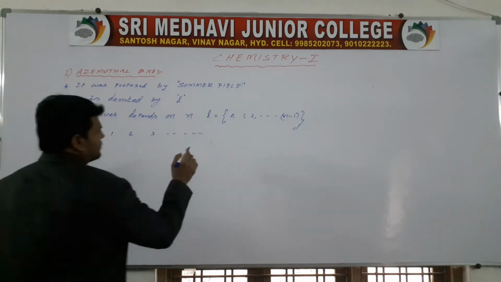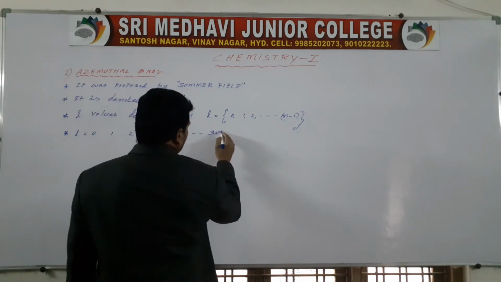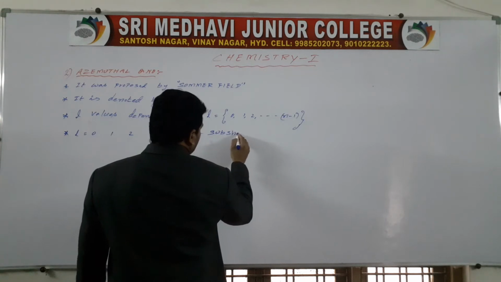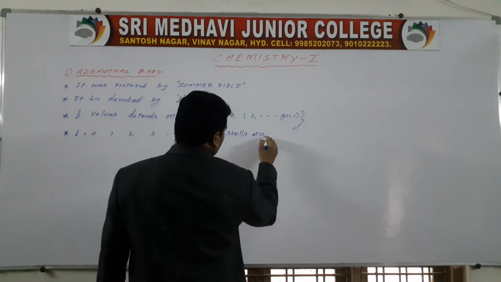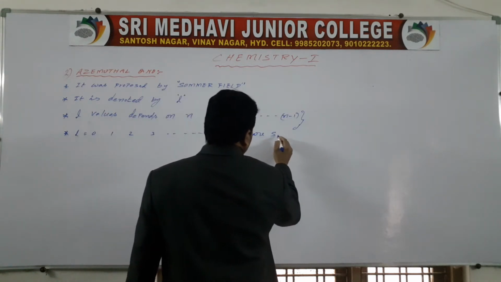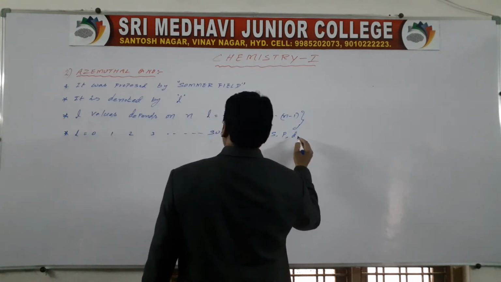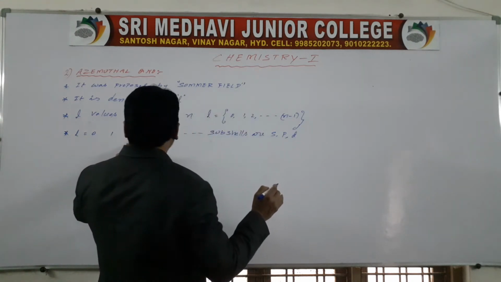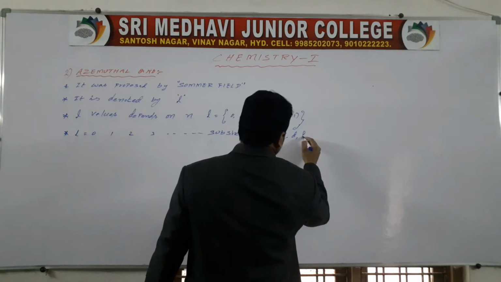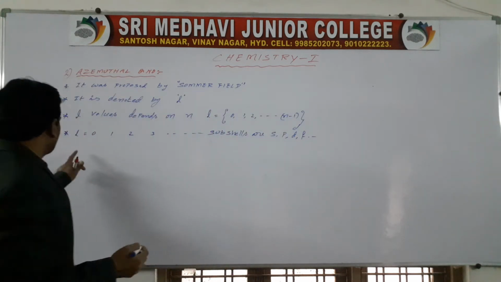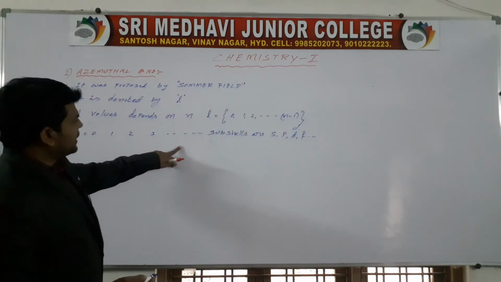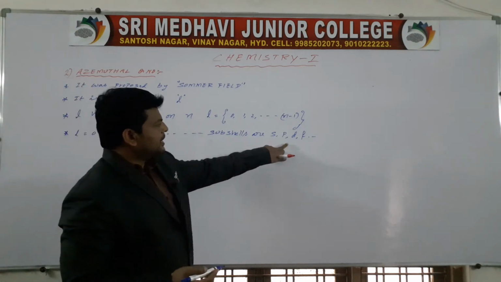The subshells are s, p, d, f and so on. L equal to 0, 1, 2, 3 means the subshells are s, p, d, f.